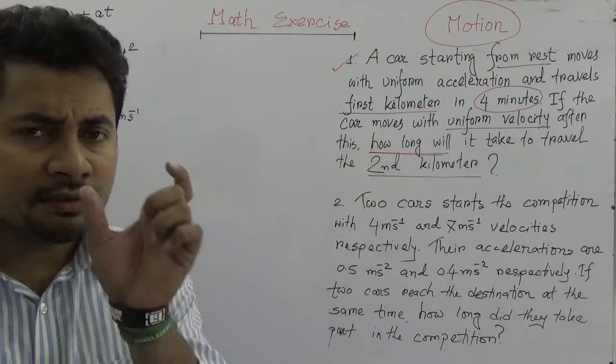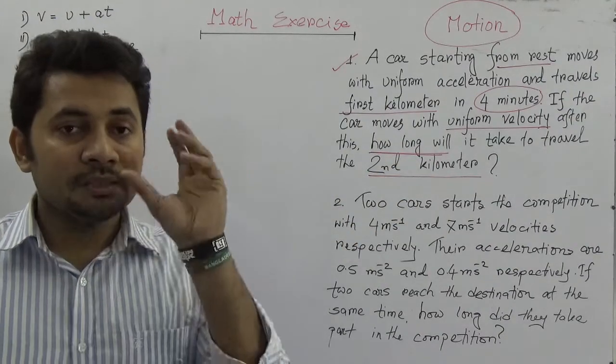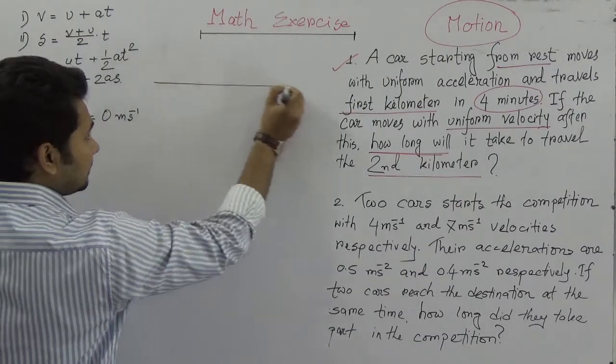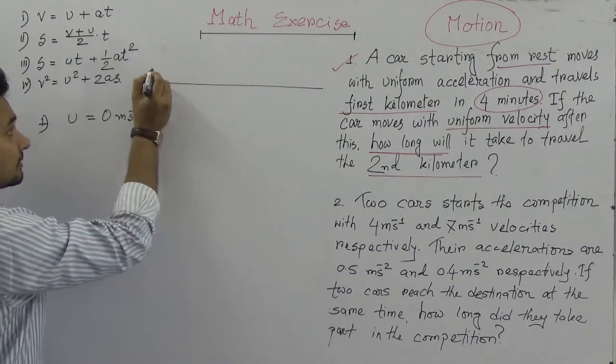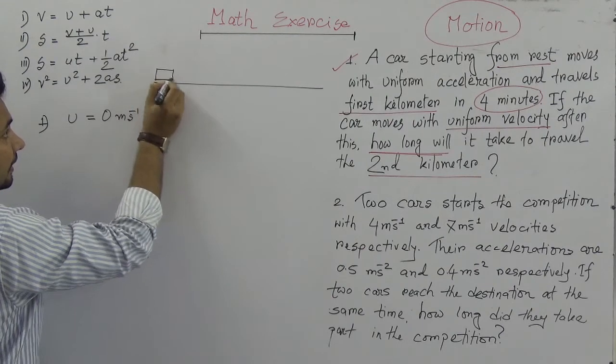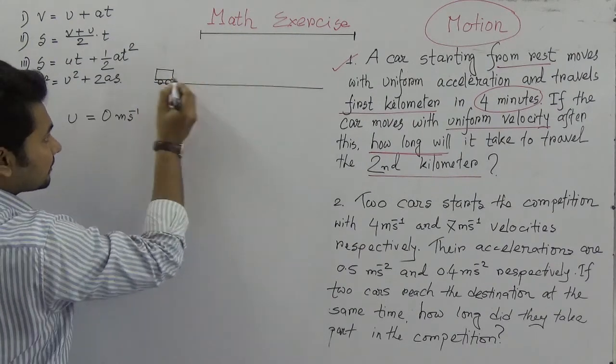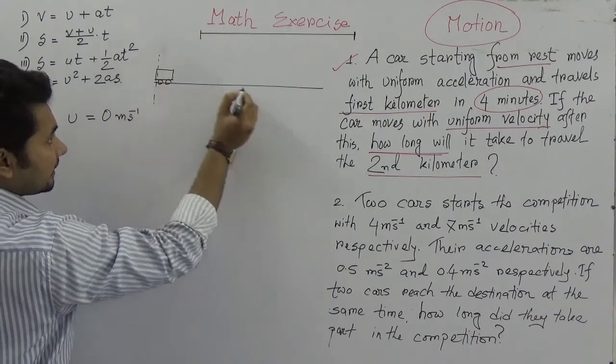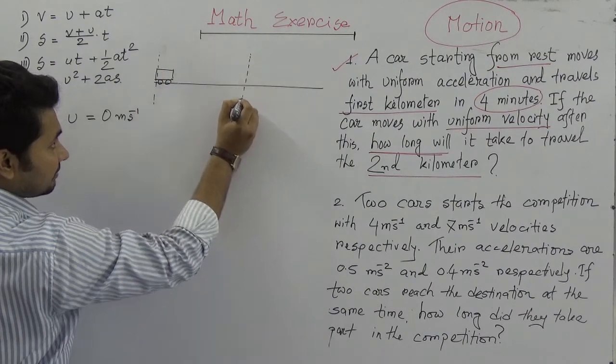There is something we have to visualize about what's going on here. If we draw it, this is a car moving here. It started from here and then travels the first kilometer.